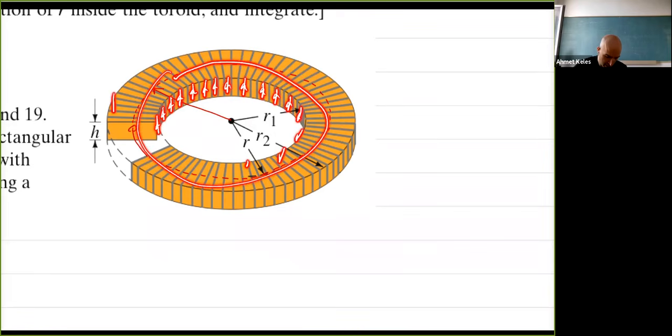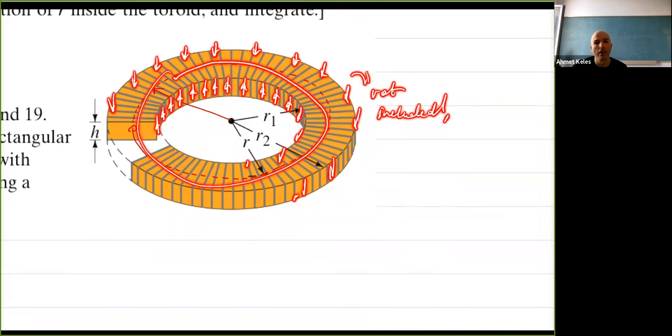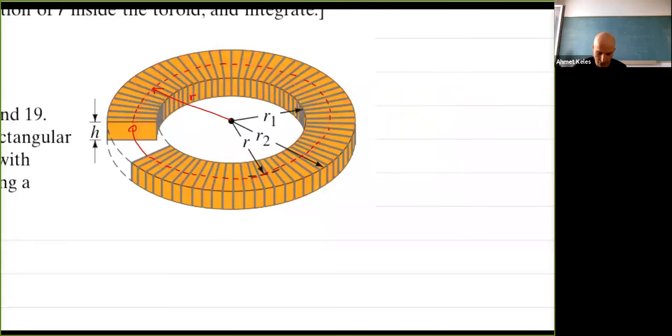And all the others going in outside are not enclosed, they're outside. So these are not included. Good. So I need to count the total number of these lines and put it in my enclosed current.